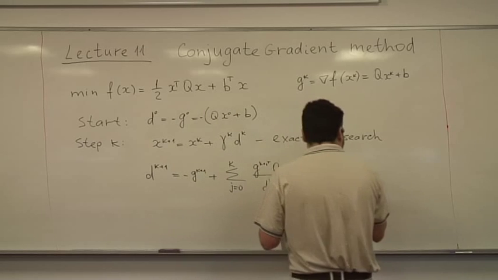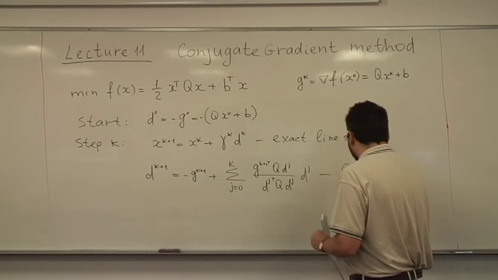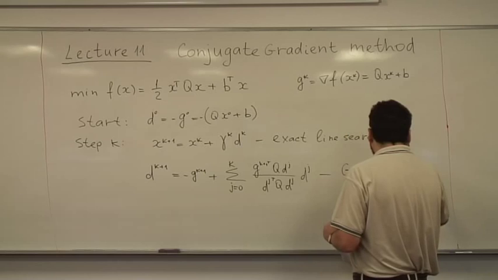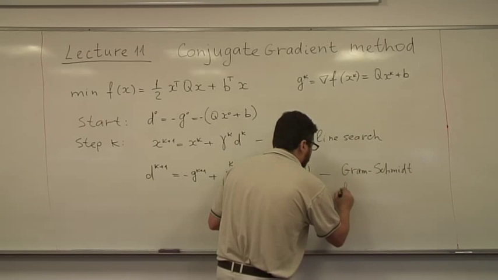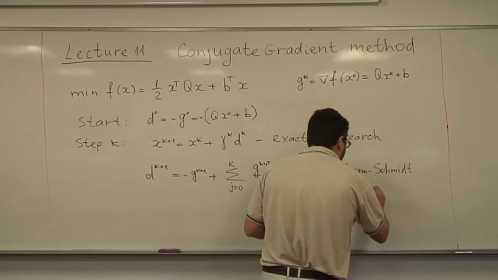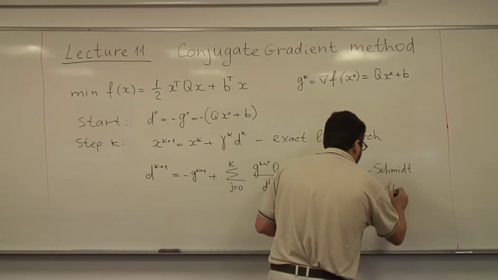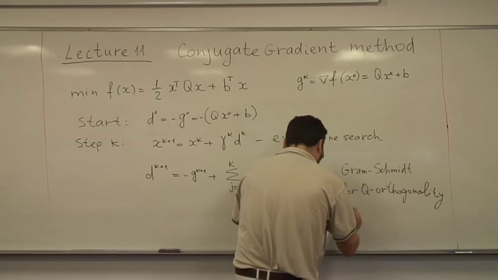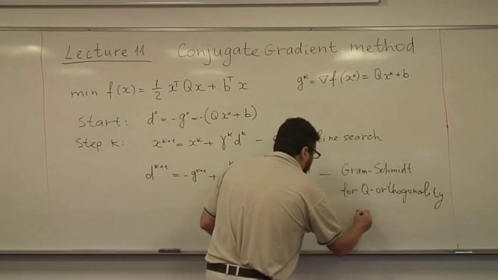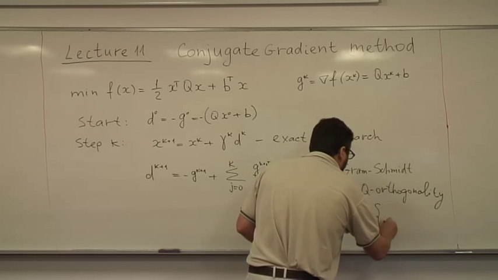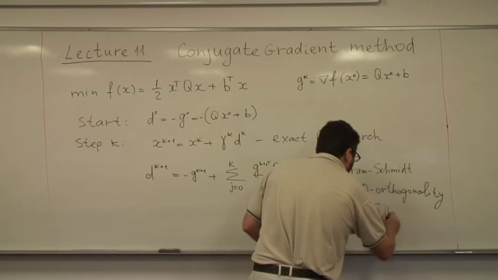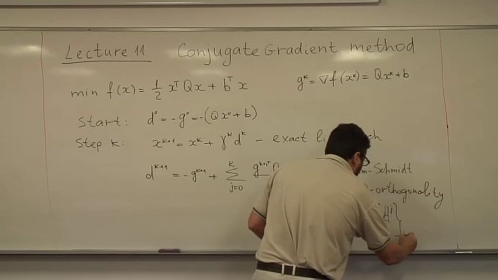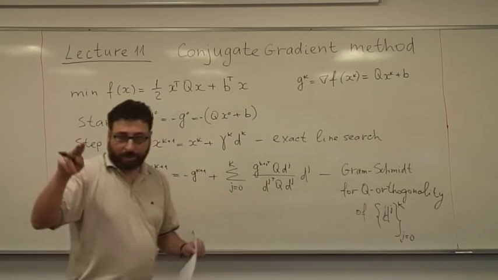So this is Gram-Schmidt for Q orthogonality of the set of vectors dj. You can write even j from 0 to k.